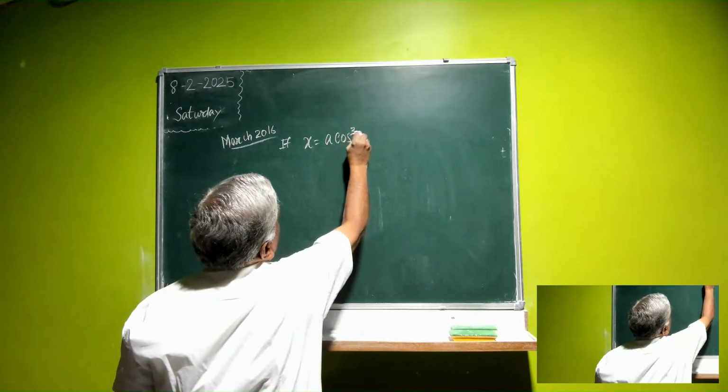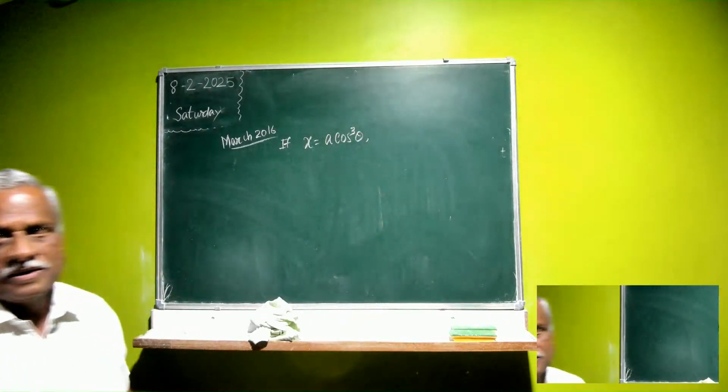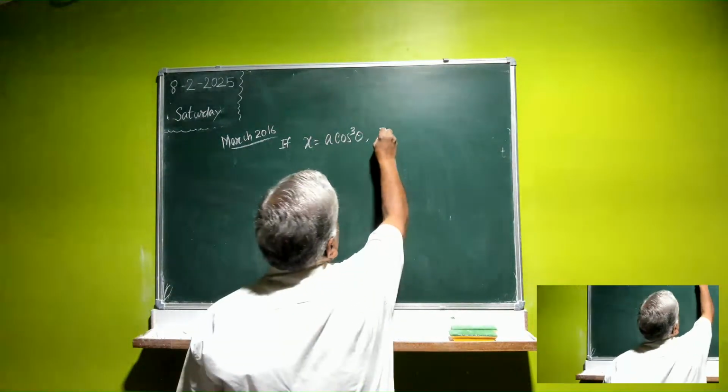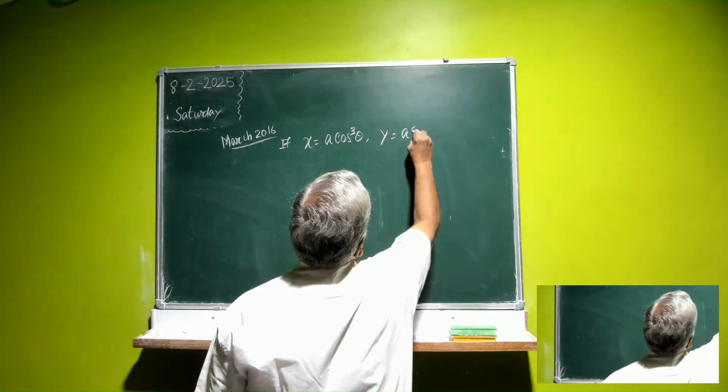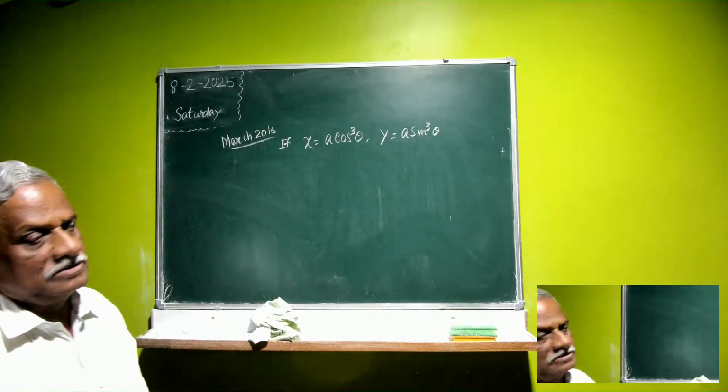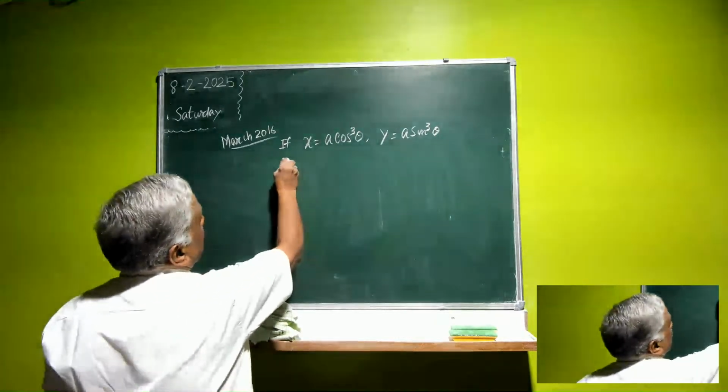So I told you already, most of the year, all 3 marks questions are based on parametrics only. You need to use the chain rule.